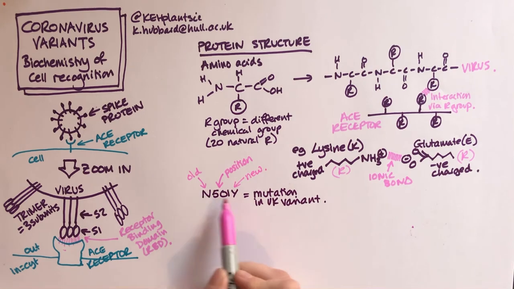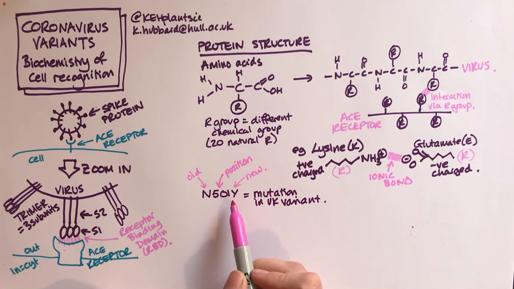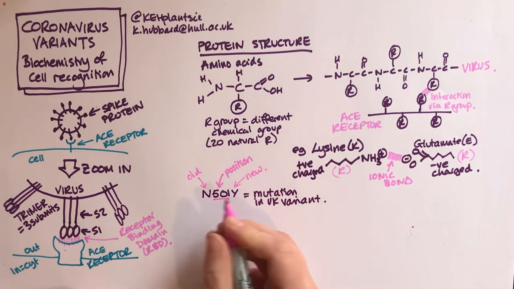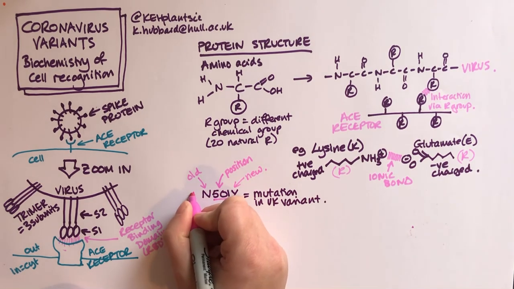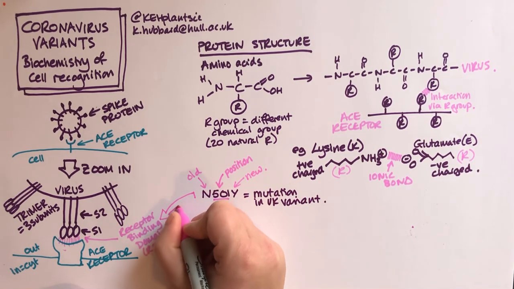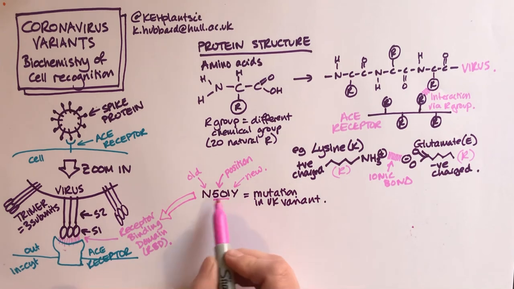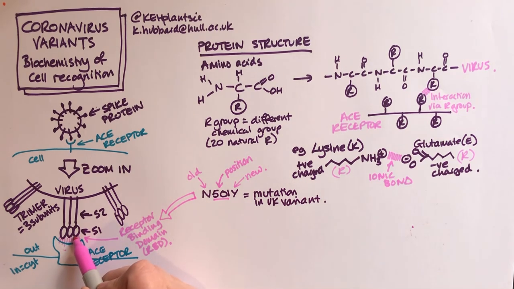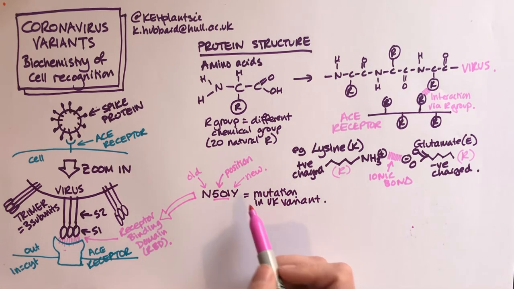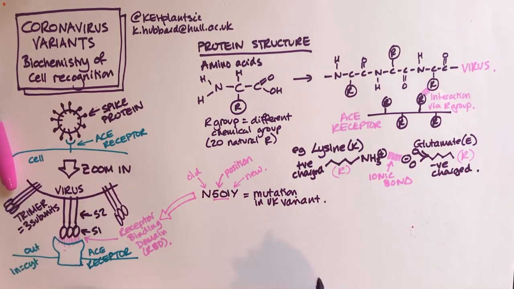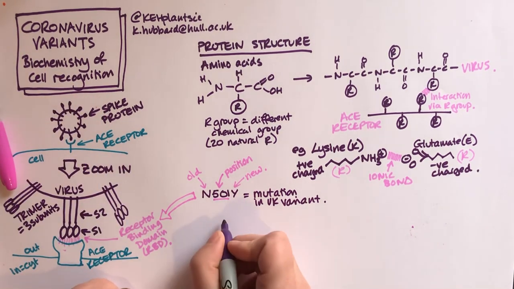So the R group has changed on this amino acid, and it's at position 501, which happens to be smack bang at that receptor binding domain. At the very surface of the S1 protein, position 501 is right on the tip of the protein, and there's been a change in which amino acid is there. So let's have a think about that.